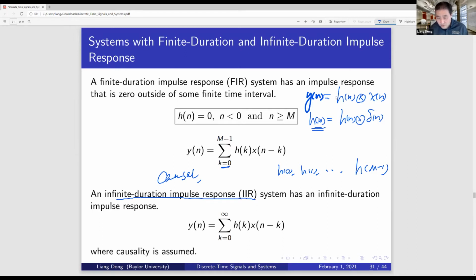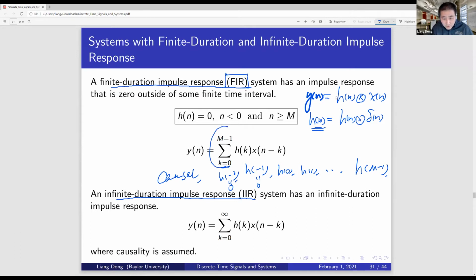Out of this range, it's causal, so h[-1] is 0, h[-2] is also 0, and beyond that there are also zeros. So here we have the finite duration impulse response, the FIR system.